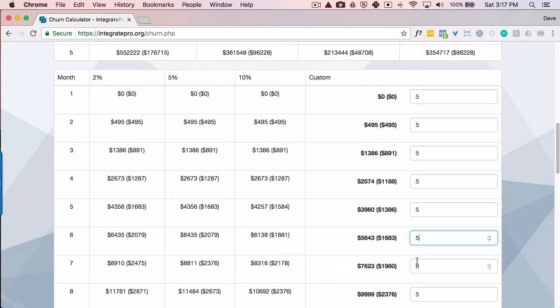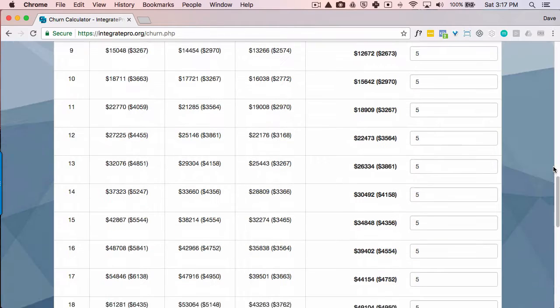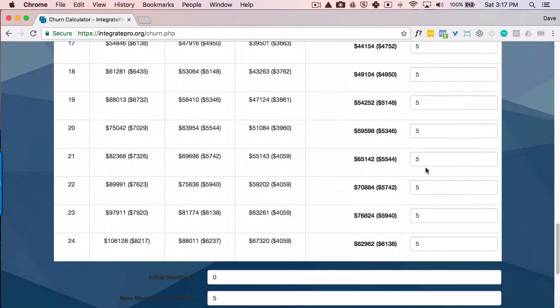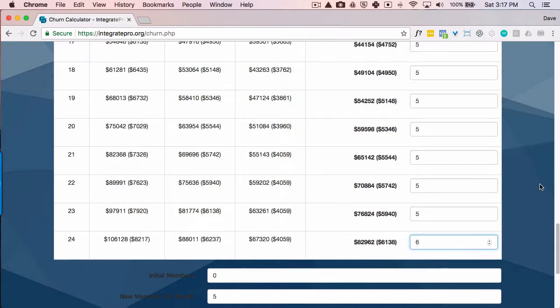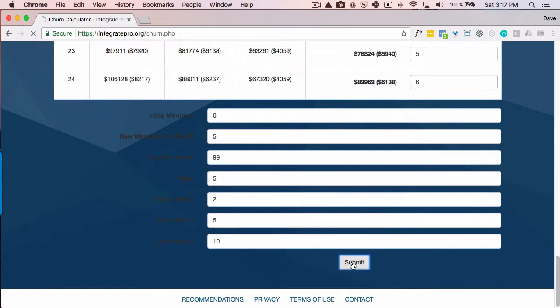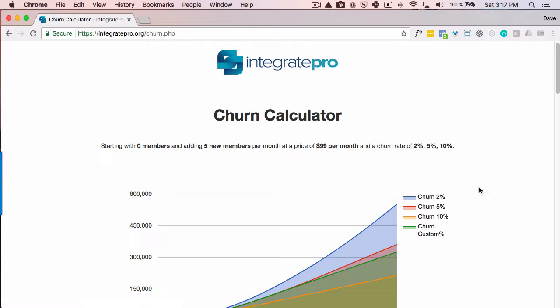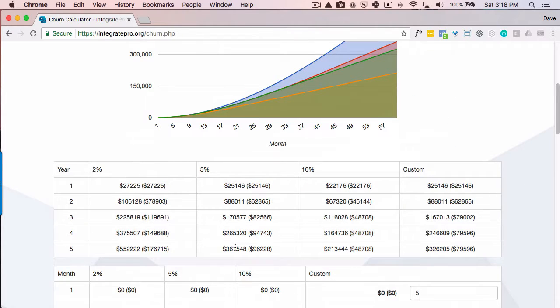Let me just put these back. Let's just make this happen out here. Let's just say this goes up to 9%. Actually, let's leave this at 5. And let's say from now for the next 3 years, it's going to be 6%. So 5% up to the first almost 2 years, and then it turns into 6%. 361 versus 326.